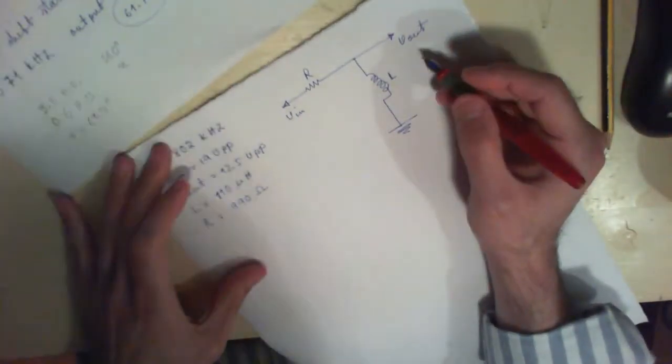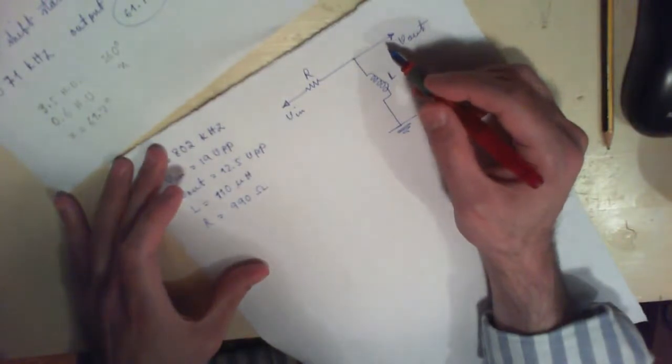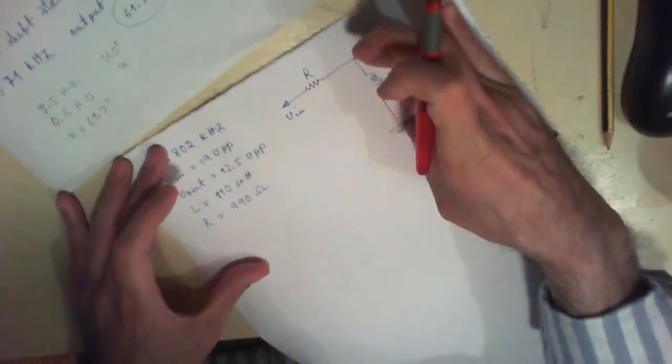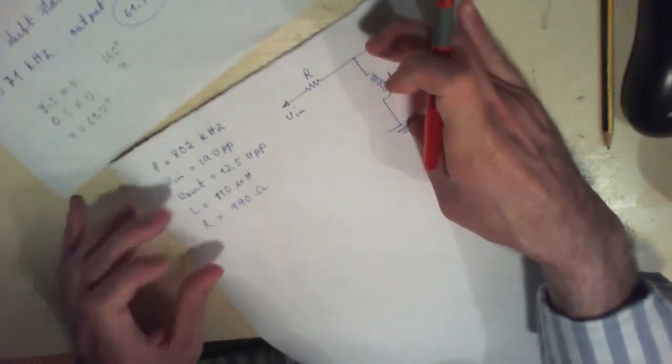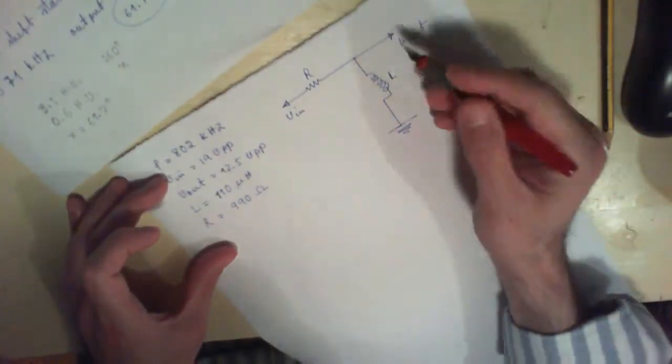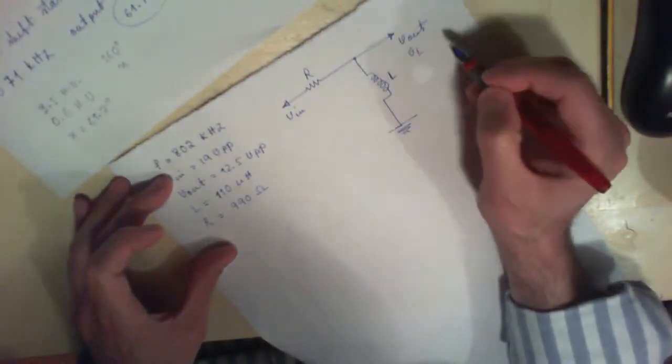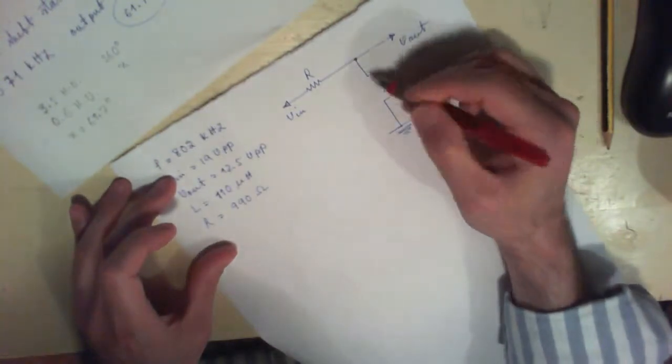Let's say that you want to calculate the output voltage, the V of out over here, which is actually V of L as well, because you're measuring the voltage across this inductor.